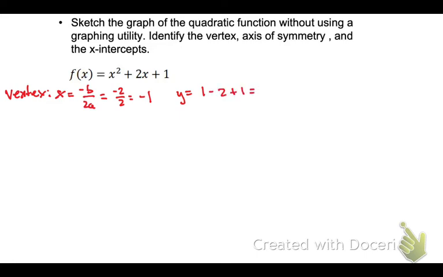So it would be what? 0. So the vertex is negative 1, 0. The axis of symmetry is what? X equals negative 1. It should always be an equation. So we got that taken care of. Now how am I going to find x-intercepts?